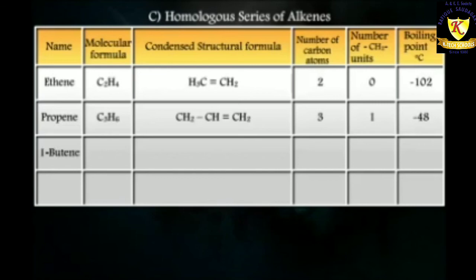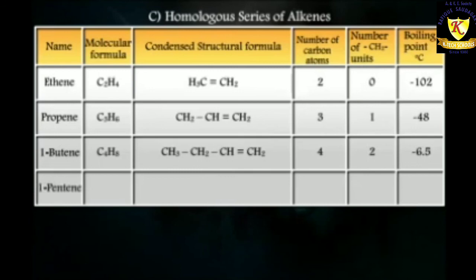Next we have 1-butene. Molecular formula C4H8 and condensed structural formula CH3 CH2 CH double bond CH2. Number of carbon atoms we have here is 4. CH2 units we have 2 with a boiling point minus 6.5.